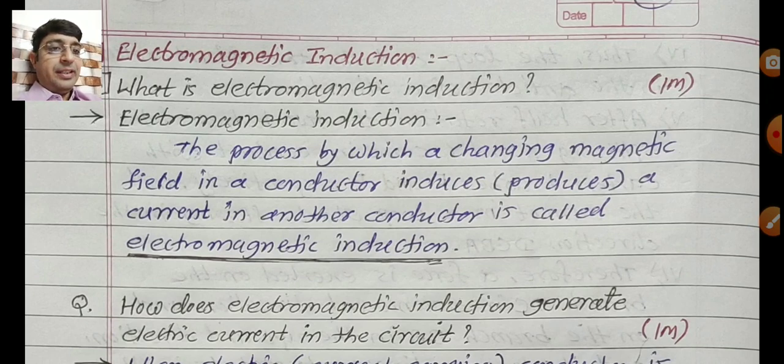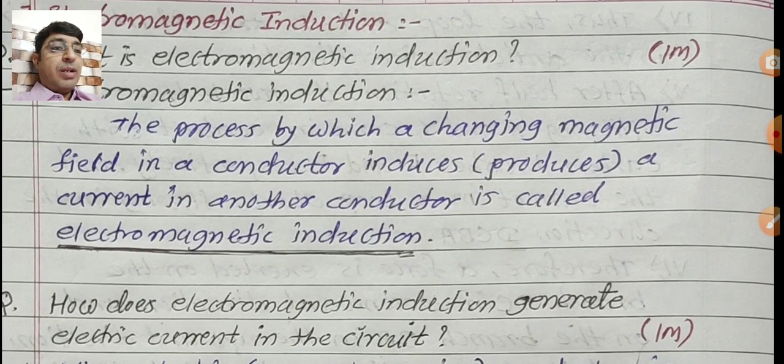Initially, we write the title electromagnetic induction, then the answer. The process by which a changing magnetic field in a conductor induces, means produces, a current in another conductor is called electromagnetic induction.